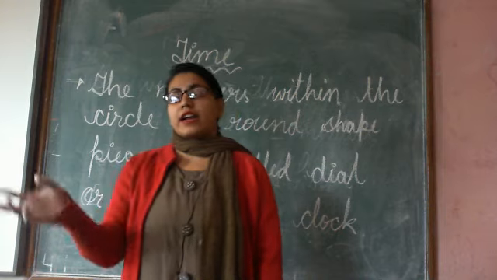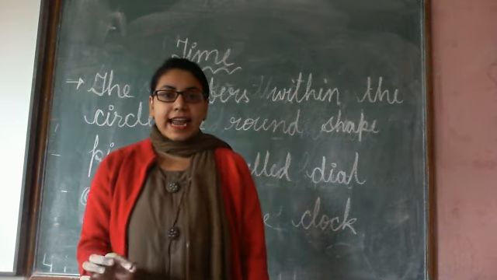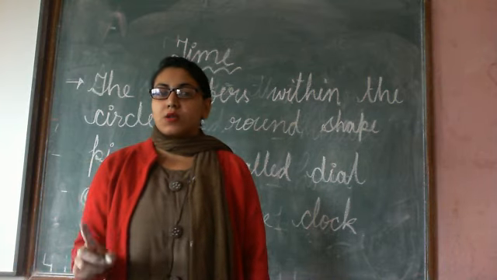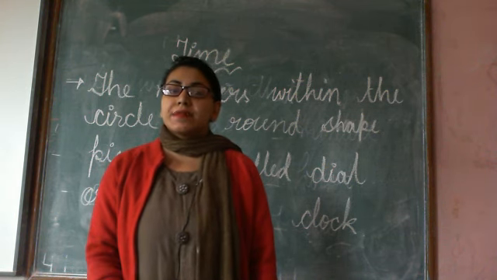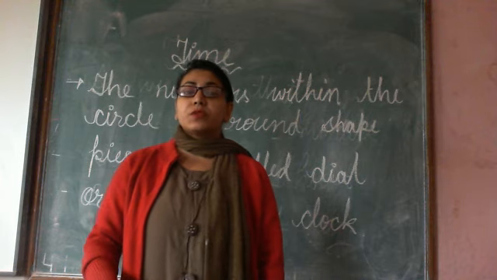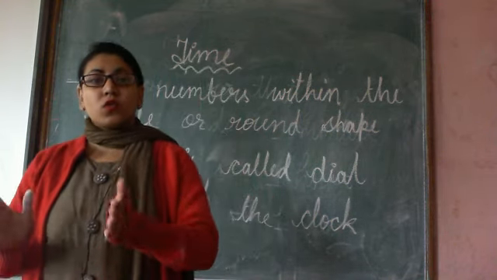There is a third hand also, as we all see in our clocks, that is the second hand. When a second hand completes a whole round, that is equal to 1 minute. So 60 seconds is equal to 1 minute, 60 minutes is equal to 1 hour, and 24 hours is equal to 1 day. This you need to learn.